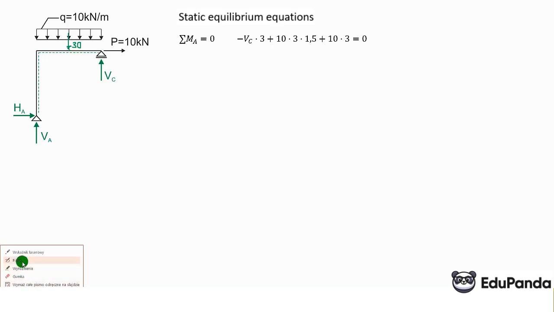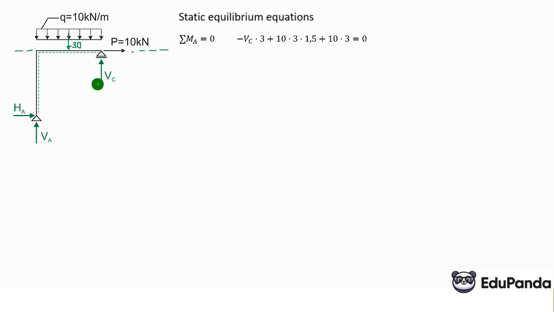in frames, because I remind you what the arm of force action is. So what is a moment? A moment is force times arm, and the arm is the shortest, that is, perpendicular, distance from the direction of force action to the line of the moment. So the direction of force P action is as if we extended this force P. Its direction of action is exactly this dashed line, which may appear a little crooked, but you know what I mean.